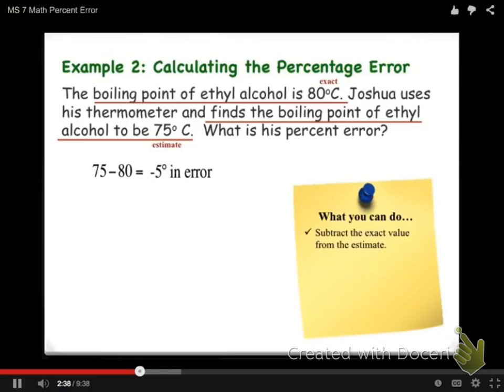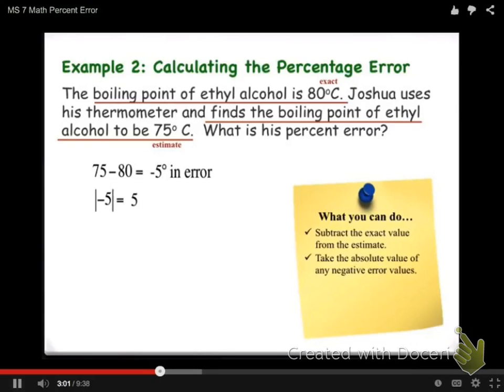If we continue with the same steps as the last problem, we will end up with a negative percent, and this would be wrong. Therefore, we will add in a second step. Take the absolute value of any negative error values. The absolute value of negative 5 is equal to 5.